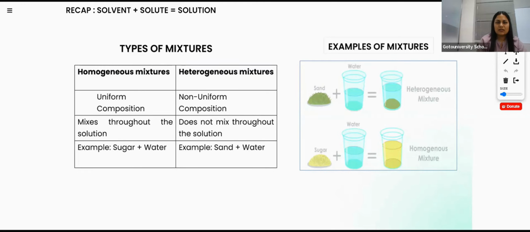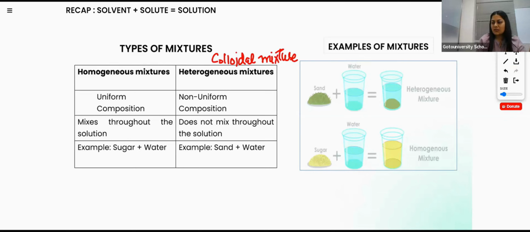There is one more mixture that is called colloidal mixture. Let me give you a quick overview of what these mixtures are. A mixture, as you know, is where we take a solute and add solvent to it. That makes a mixture, as we just learned from the sugar solution example, right?